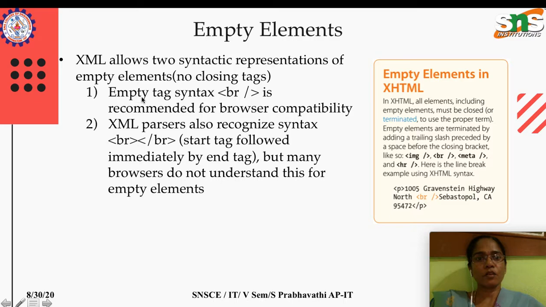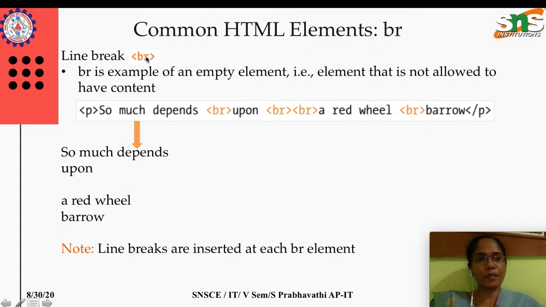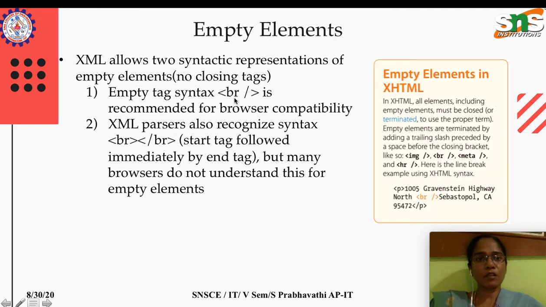Okay, so you can include break simply as in the previous slide, br, or we could include br, one single space, followed by the close tag immediately, like forward slash and close angle bracket. This way also we can represent it in the XHTML version.